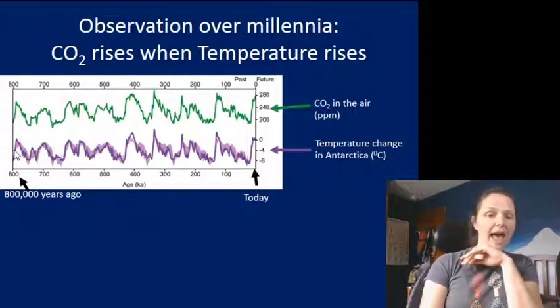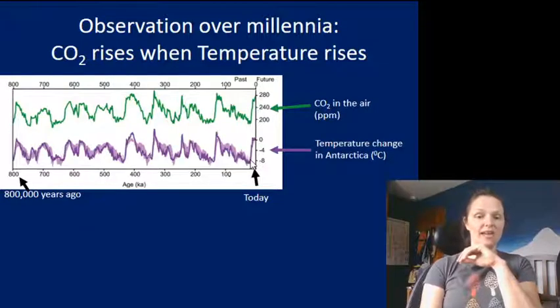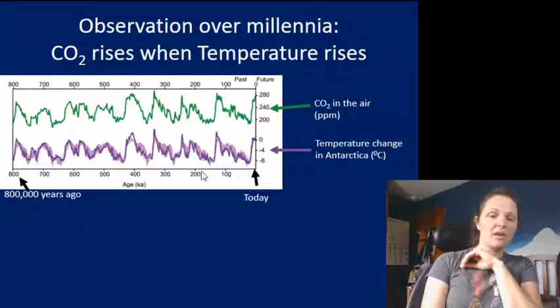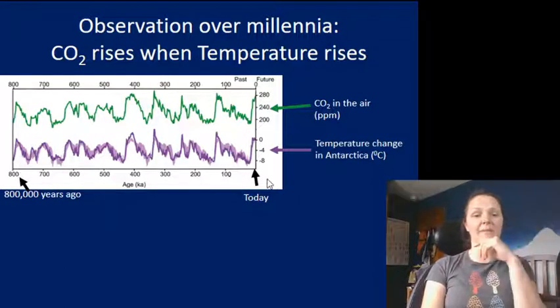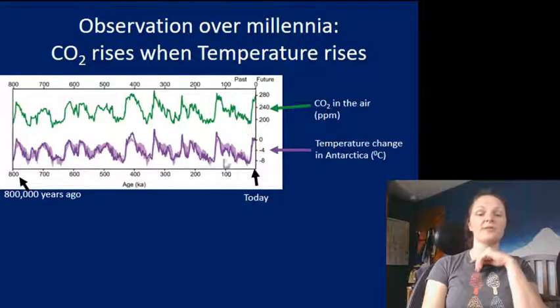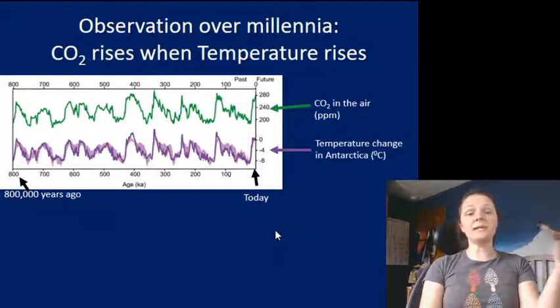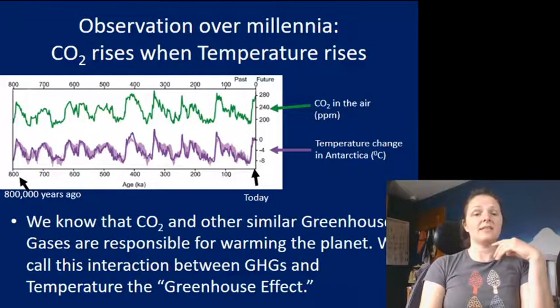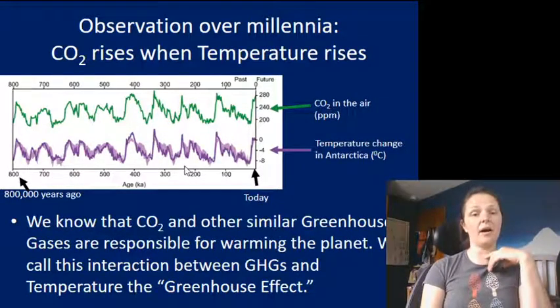And the axes here are a little strange. Today starts over here on the right-hand side, and going backwards, the numbers are getting bigger, but we're actually going backward in time. So here's today, there's 100,000 years ago, 200,000 years ago, all the way up to 800,000 years ago. And the reason I'm putting this up here is that you can see that they go up and down together.